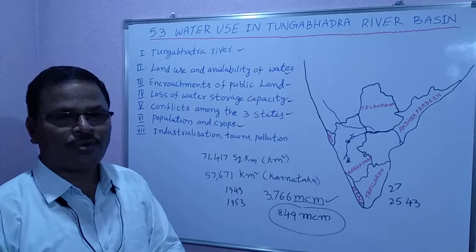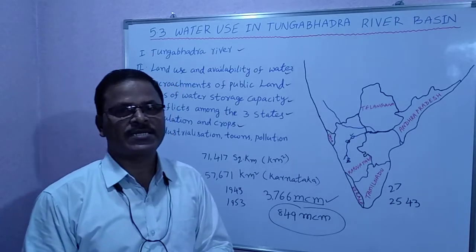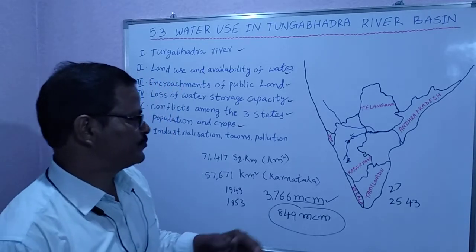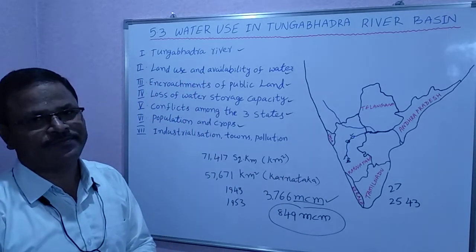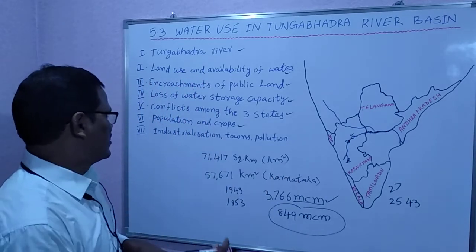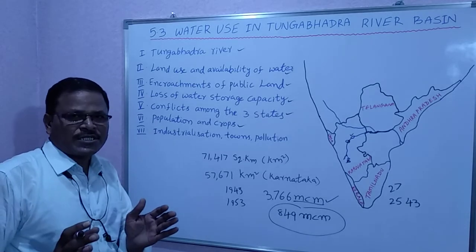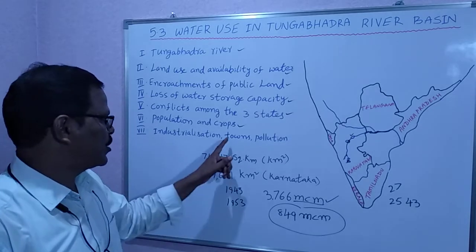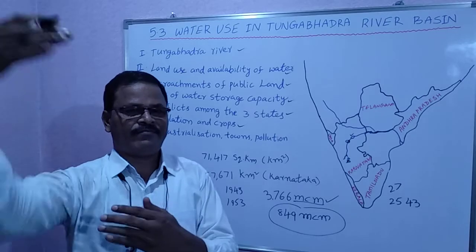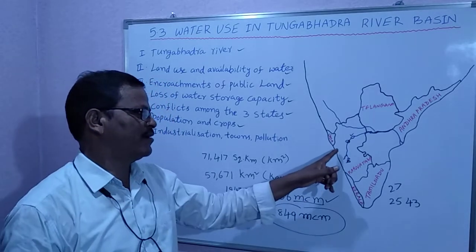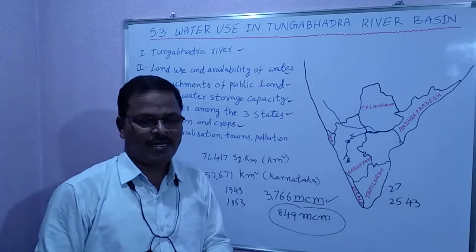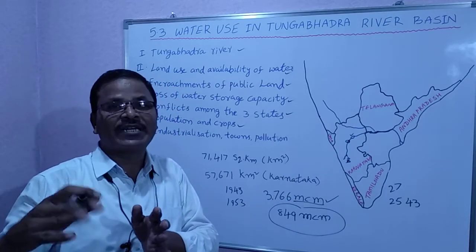There are coal mines, manganese mines, and also a charcoal industry. Because of industrialization, towns are also emerging. More towns emerged in this area. The urbanization process is also increasing.